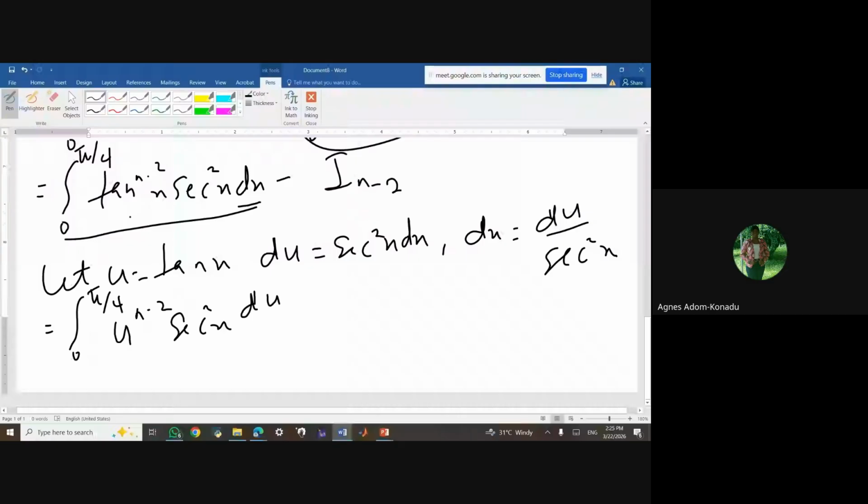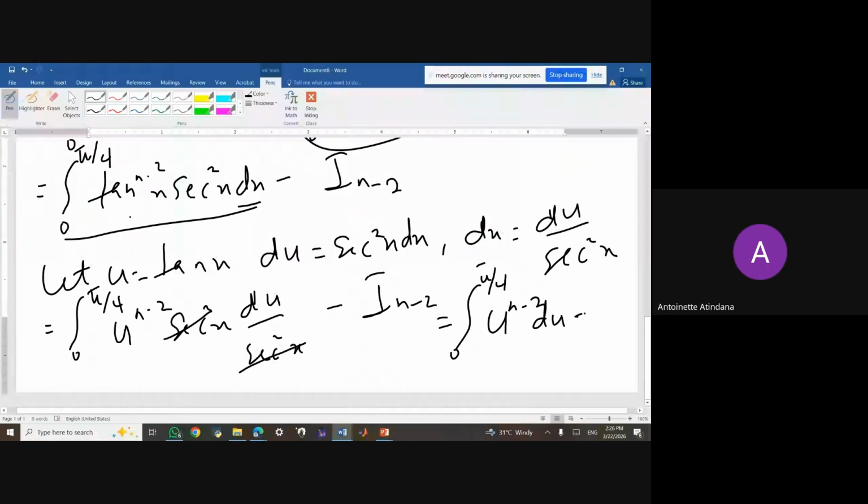So this can go with this. Then it is I subscript n minus 2. So I now have the integral from 0 to pi on 4 of u to the power n minus 2 du minus I subscript n minus 2.